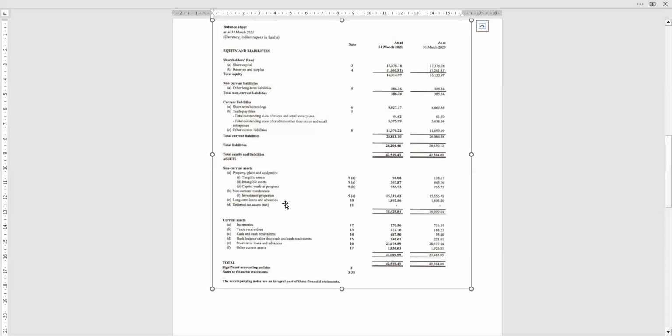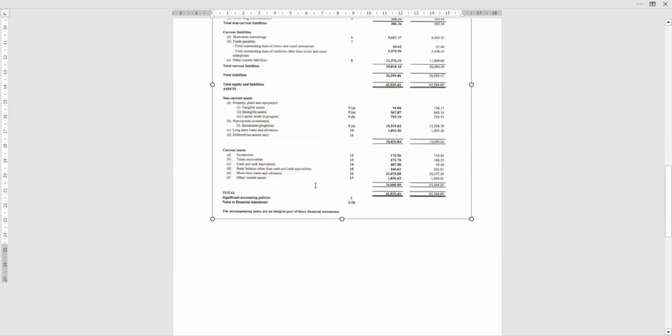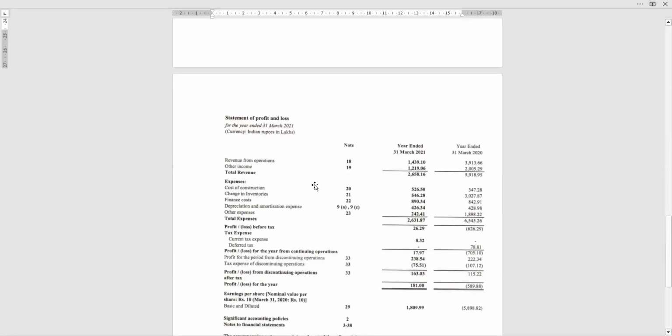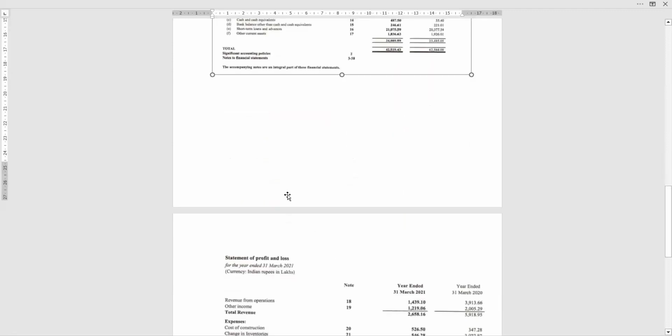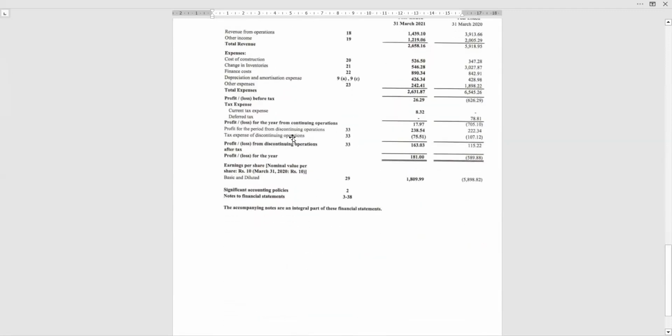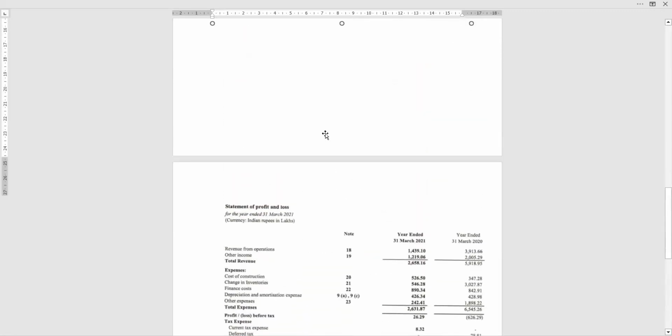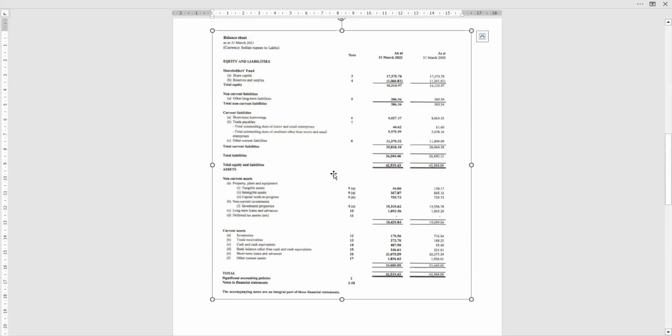We are running out of time, so in the next class I will first show you that schedule. I thought I copied only this balance sheet and P&L, so right now I'm not able to show it. In case of assets held for sale, it should not be shown on the face of the balance sheet. It has to be shown only in the notes to accounts. That is the reason it is not shown here. I will show you the schedule in the next class.